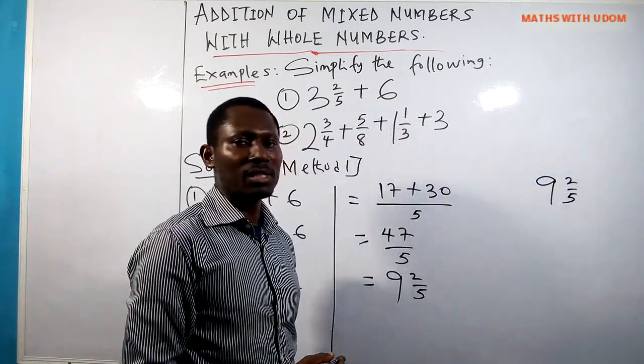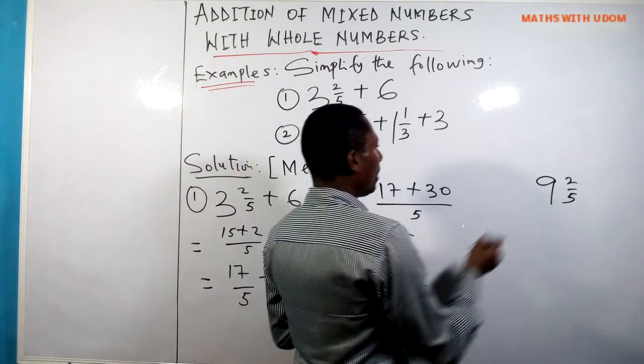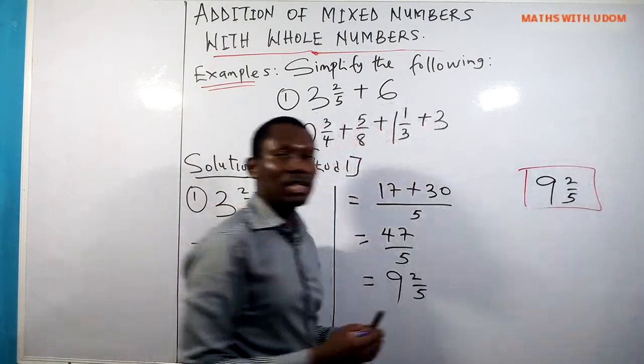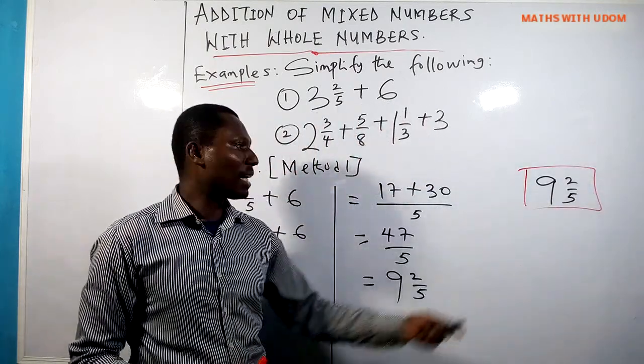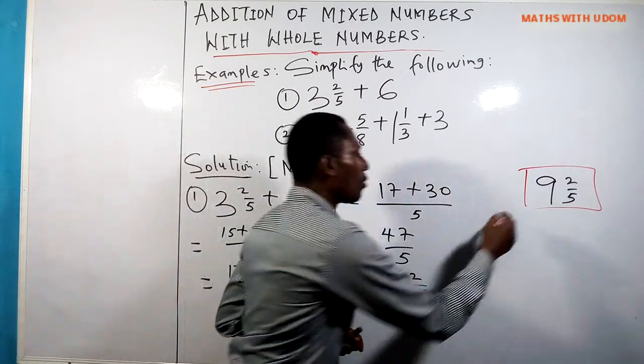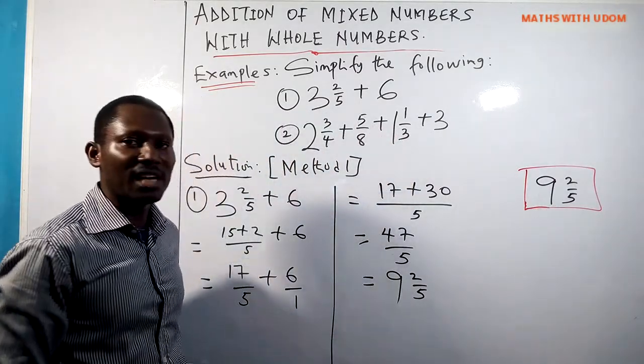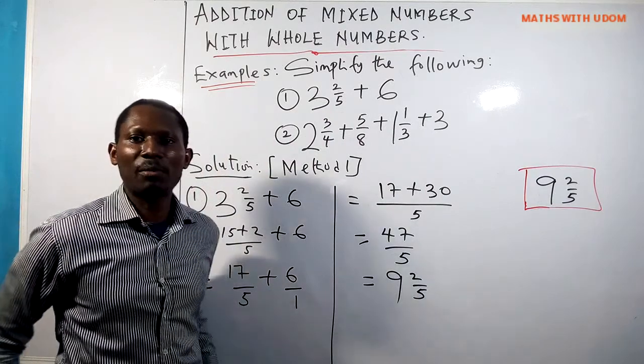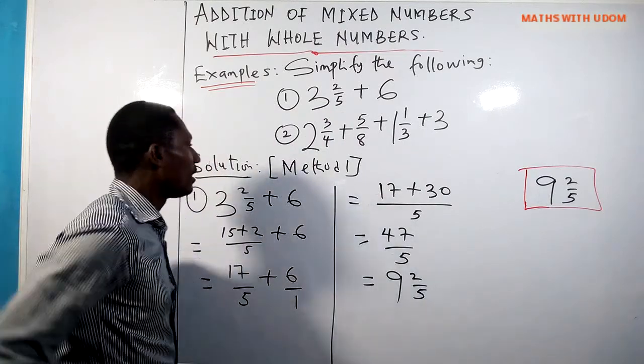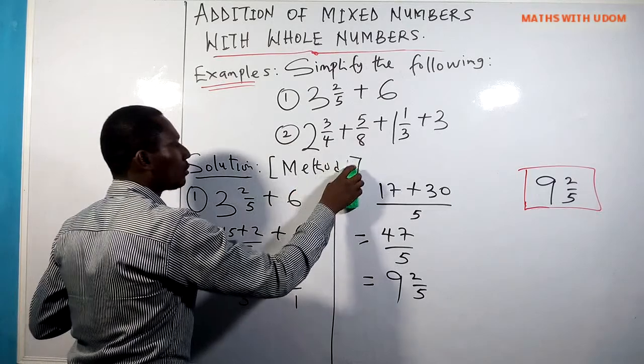We are going to keep this and come back to that later, because we are going to look at the second example right away and then compare our result with what we got here. Okay, so let's move to the second method on how to solve this problem.